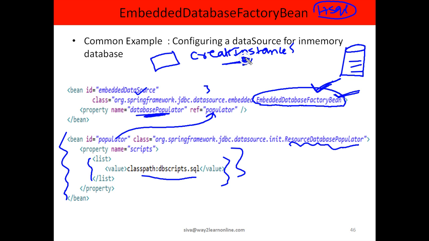That means in-memory database is started. For that in-memory database, it will create a data source, and on that data source, this populator is executed, which will execute this script. That means a database is populated with dummy data. Then the create instance method is returning you the data source which is populated. So you can use that data source for testing.